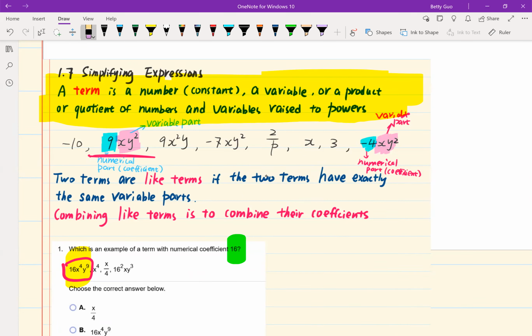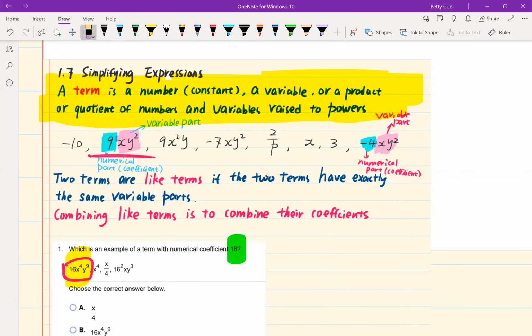Yeah. And now let's look at those terms that we have just seen earlier. I want you guys to identify which of them are like terms, which of them are not. Let's start from -10. Can you find like terms for -10? Yeah, in order to be a like term for -10, they need to have the same variable part, right?